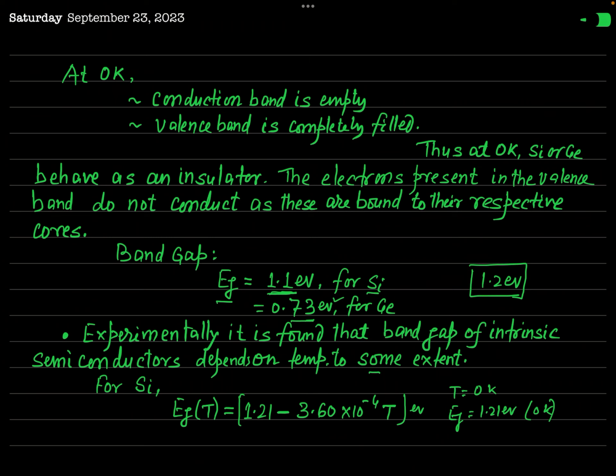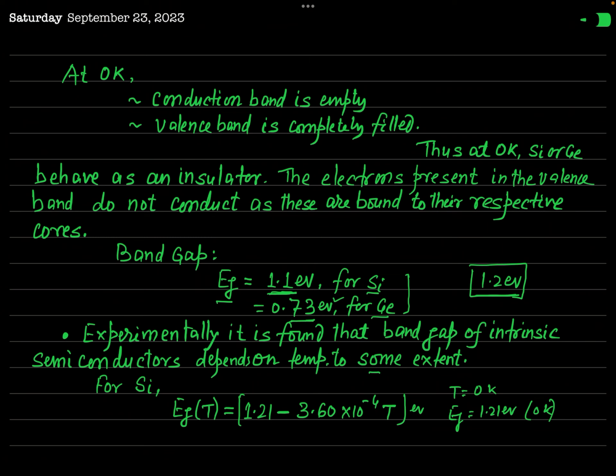Actually, the band gap Eg of this pure semiconductor also depends on temperature to some extent. So the data given in your textbook is at room temperature, although in most textbooks it is not mentioned. And this 0.73 electron volt is the band gap of germanium. But remember, these two values for the band gap of germanium and silicon are at room temperature.